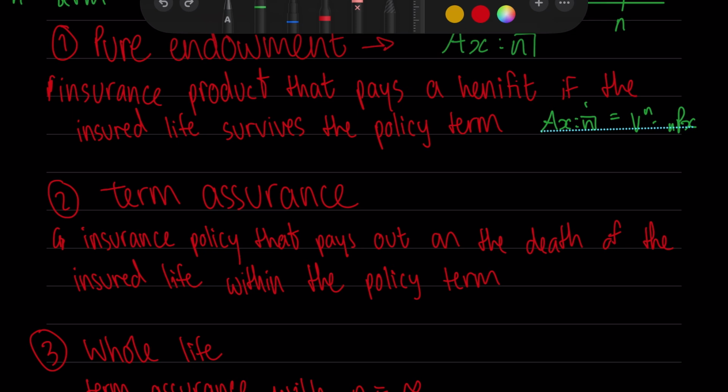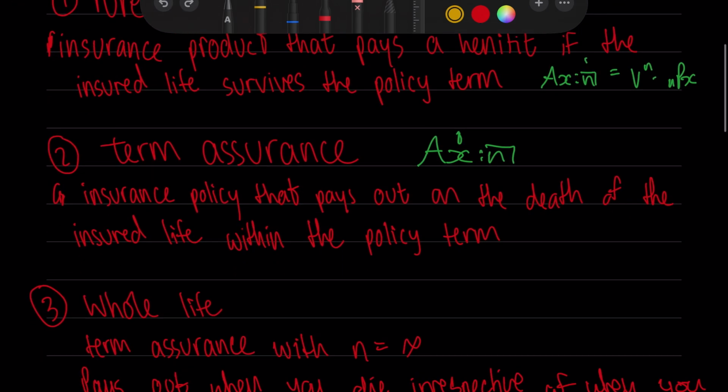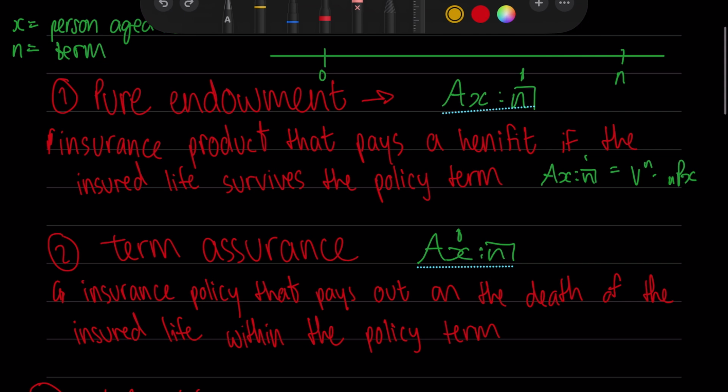This is a product that pays out on the death of an insured life within the policy term. Let me do the notation. A_x:n, but now the line is on top of the X, whereas the previous one had the line on top of the N. A silly way that I remember this when I first started with this notation: you see this cap on the N, I think of that as a shield, and this line could be like a dart falling from the sky.